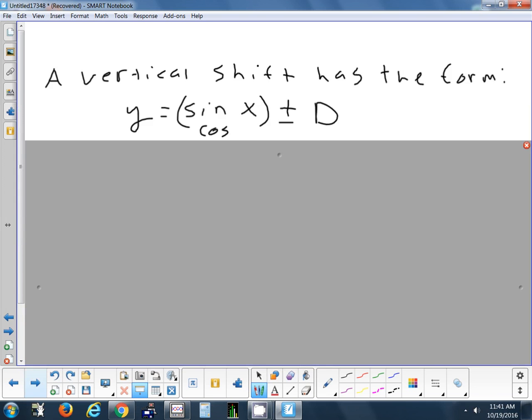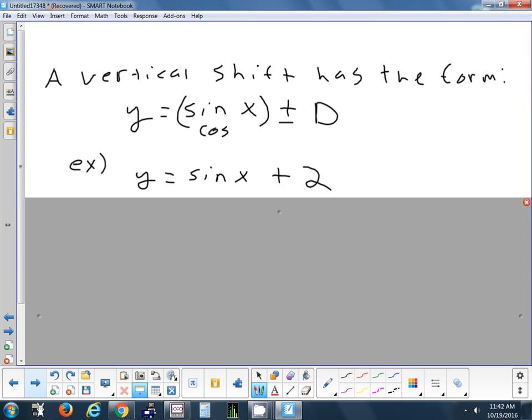Now I thought phase shift was when you added or subtracted a number. So how is that different from a phase shift? It's on the outside. Very big difference. Okay, if you add or subtract a number outside the parentheses, that's a vertical shift. That's an example of a vertical shift.